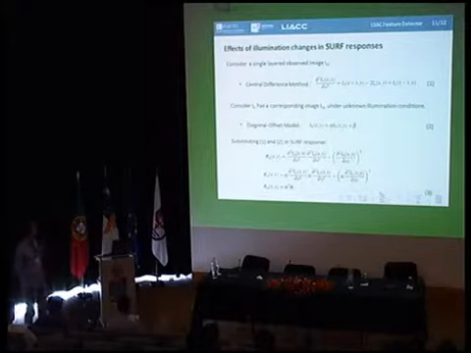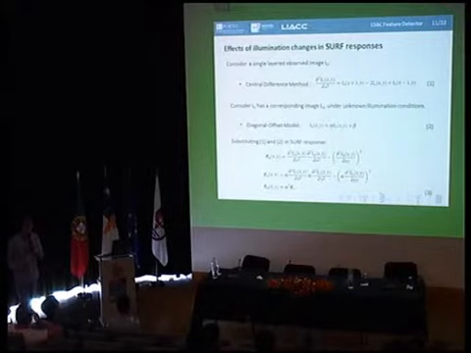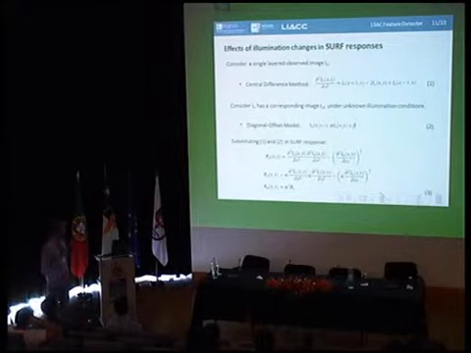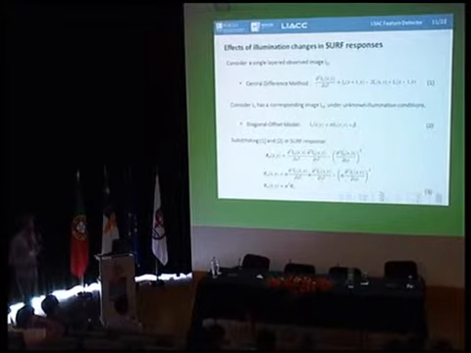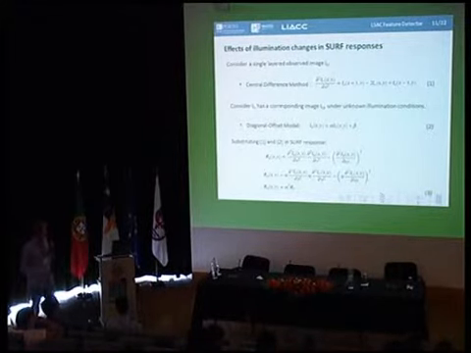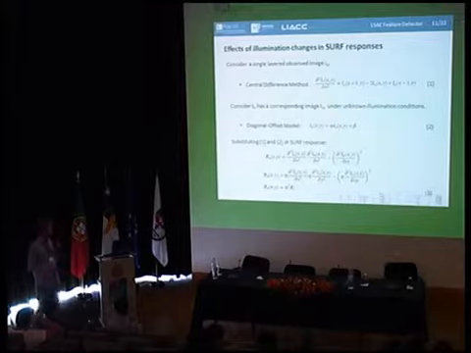Now, considering that IO has a corresponding image, IU, taken under unknown illumination conditions, and taking advantage of the diagonal offset model, I can model the relation between these two images.